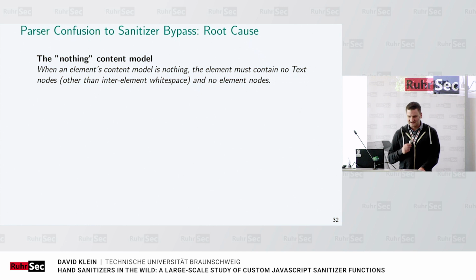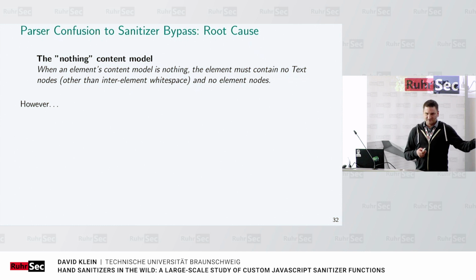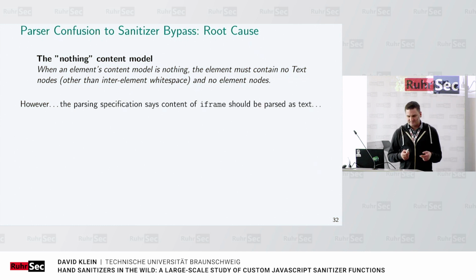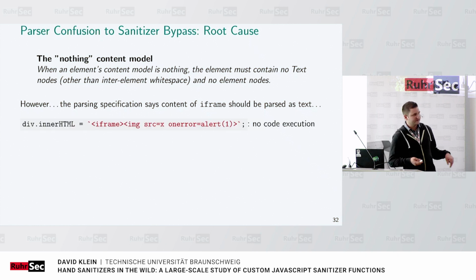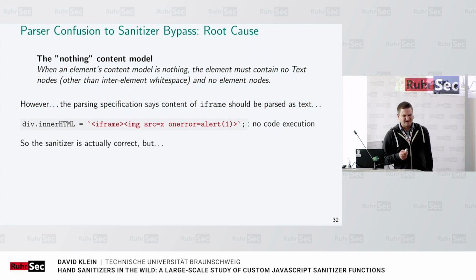So Google Kaya is doing something strange because they put the script as a text node, but if you scroll 200 pages further, the parsing specification for iframe says its content is a text node, despite that being not allowed. Unsure why, but for example, if you try something like this, you would get an iframe with a text node with an image tag and no code execution. So in this case, the Kaya thing is actually correct, but the iframe is gone in Chrome.